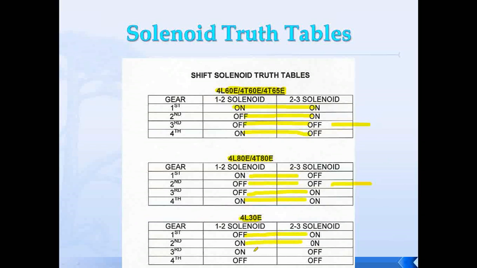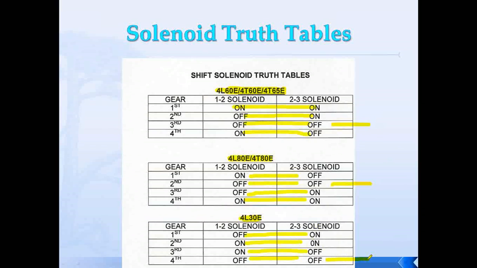Go to second gear, the 1-2 solenoid is turned off, and 2-3 remains on. Third gear, we turn off the 2-3 solenoid to make it shift to third gear. Go to fourth gear, we turn off the 1-2 solenoid to make it shift to fourth gear. So you're going to see this sequencing is different from either of the sequences above. Last but not least, you're going to notice the default range for this transmission is different.